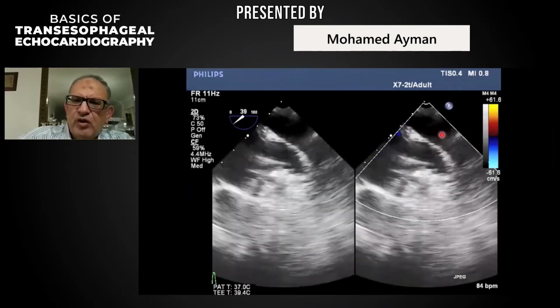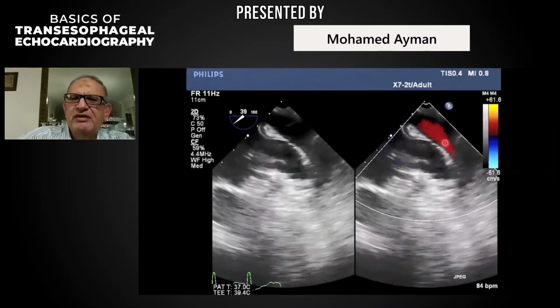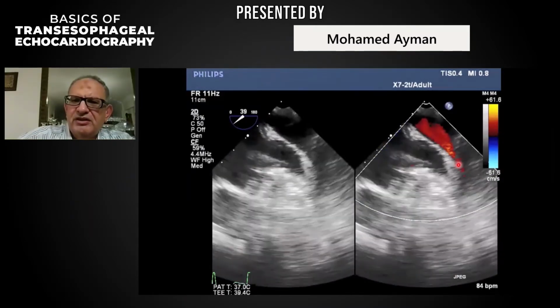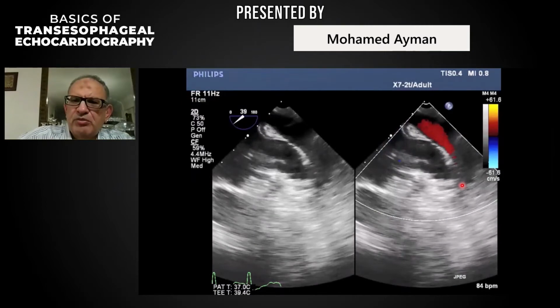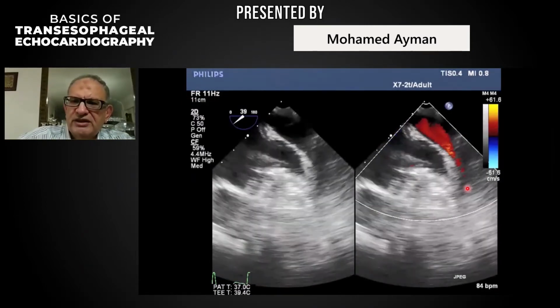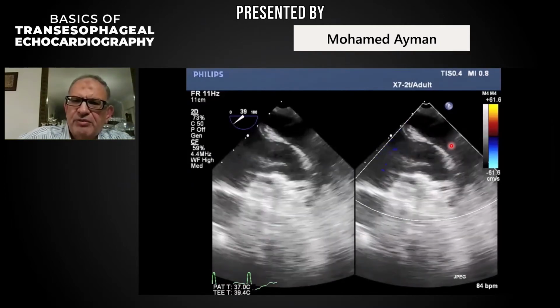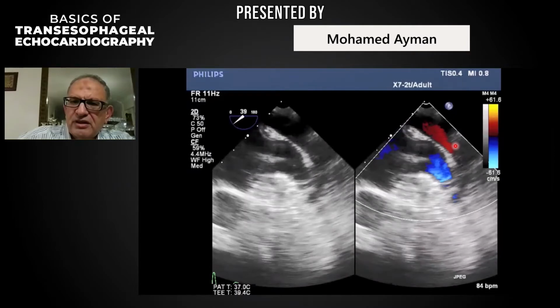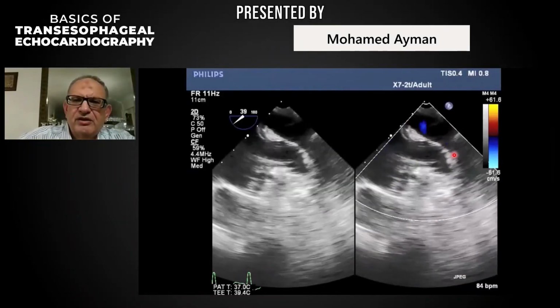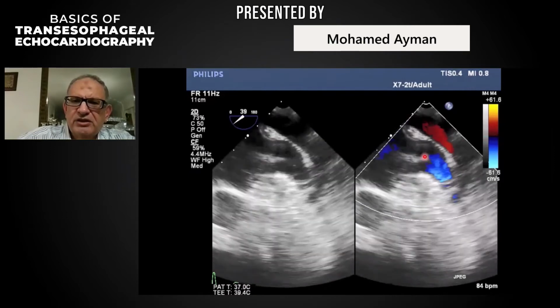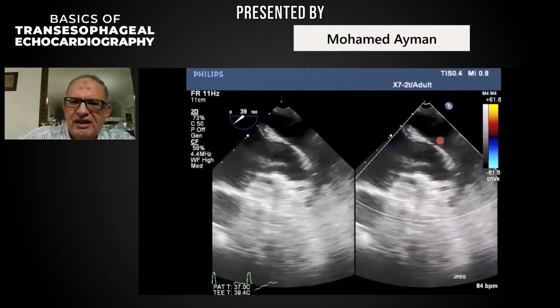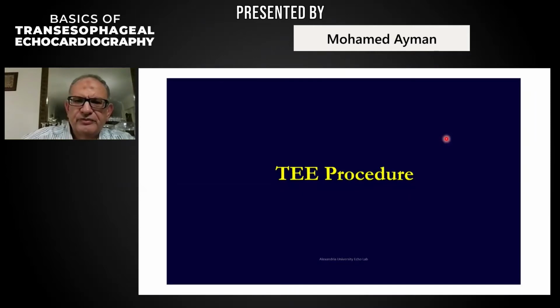This is the flow of the left upper pulmonary vein. You can see it here, and just by manipulating the probe and getting this warfarin ridge, you can see the red bright color of the left upper pulmonary vein. Only with a TEE you can get the appendage, the warfarin ridge, and the left upper pulmonary vein.